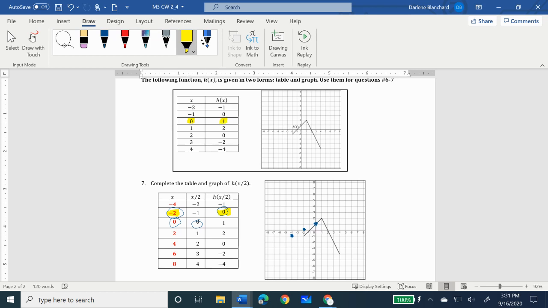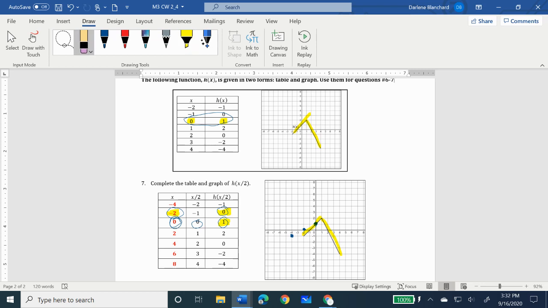And H says, who goes there? 0. I give 0 the answer of 1. So now I have x coordinate 0, y coordinate 1 plotted right there, which is no change from x coordinate 0, y coordinate 1 on the original h of x graph, which is this graph along here, duplicated from over here.